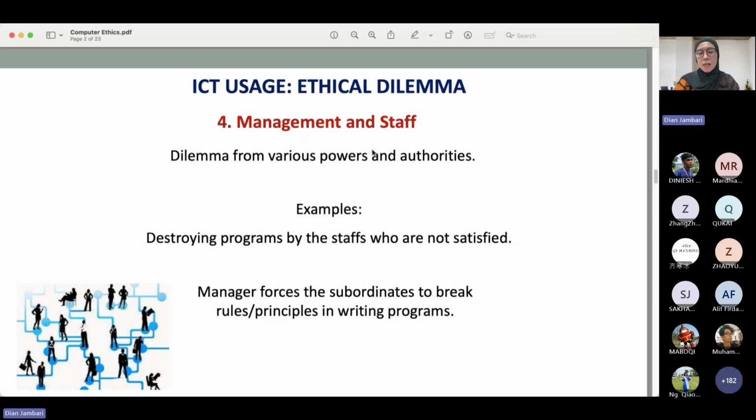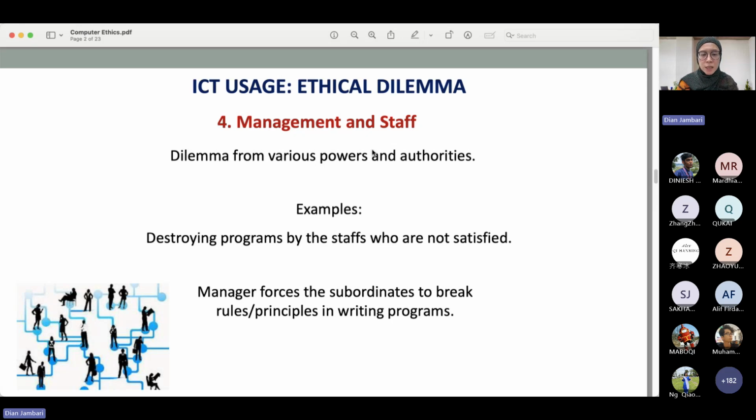So for example, let's say you are in a development team, you're developing software, you have programmers, you have analysts, and you have a group of programmers, and you may be faced with a conflict with a colleague who is also another programmer.